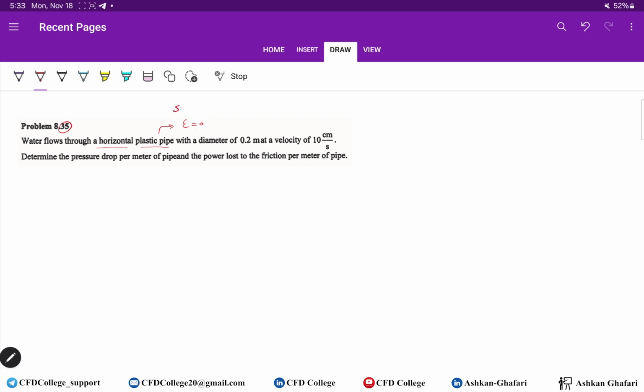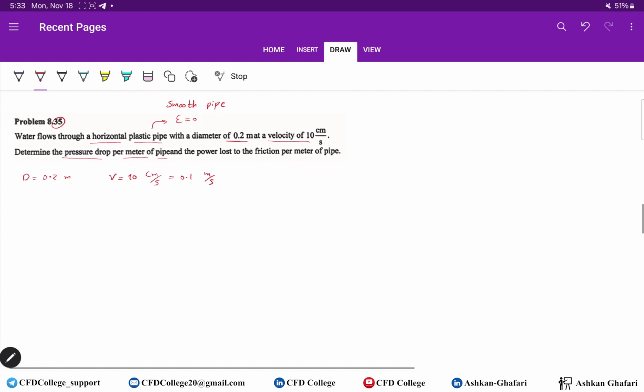It's a smooth pipe with a diameter of 0.2 meters, at a velocity of 10 centimeters per second or 0.1 meters per second. Determine the pressure drop per meter of pipe and the power lost to friction per meter of pipe.